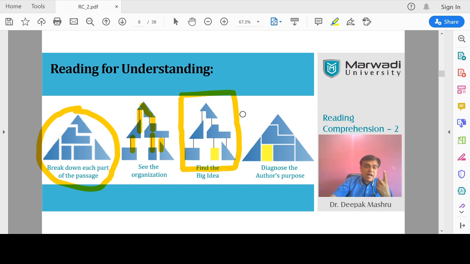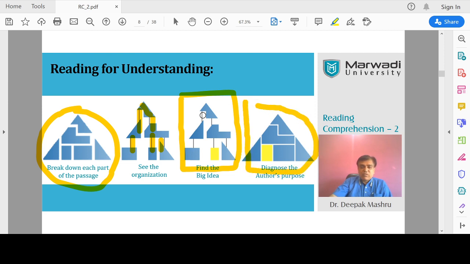I told you that if you want to find out the author's purpose, you can hunt for two places. Number one, either you look at the first paragraph or you look at the concluding paragraph. These are the two places generally one can find the big idea of the paragraph. And then you go through the author's purpose.